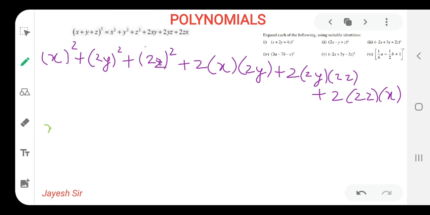X square as it is, 2y square, that means 4y square. I hope you all are getting it friends. And the value of z is 4 only. I have made it incorrect, so our sum would be totally incorrect. So you don't have to make a mistake like this friends. The error made by me is so that I can make you understand that we don't have to square by saying the question.